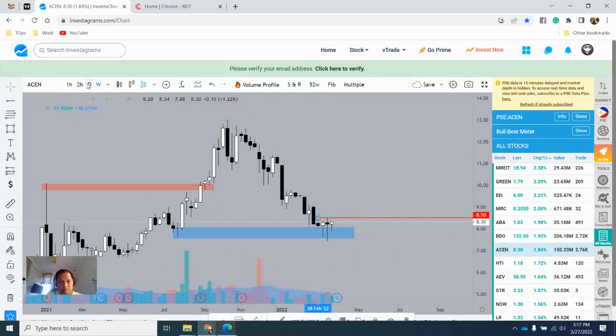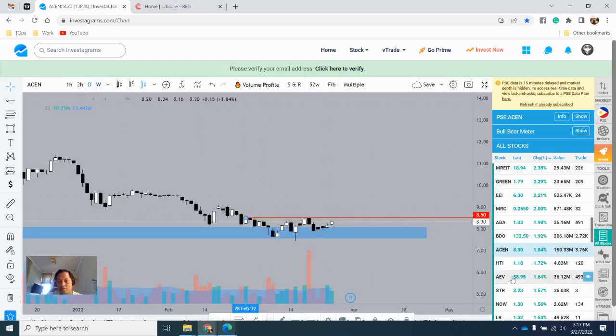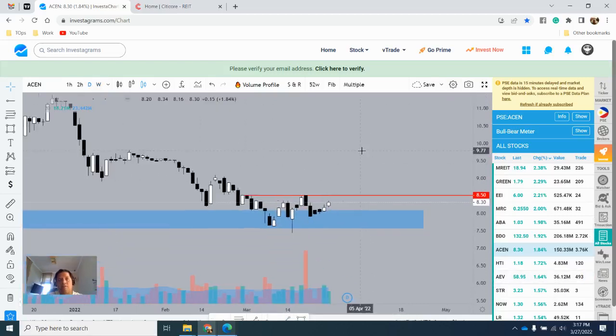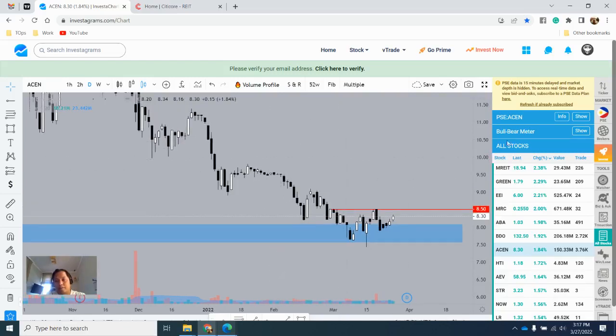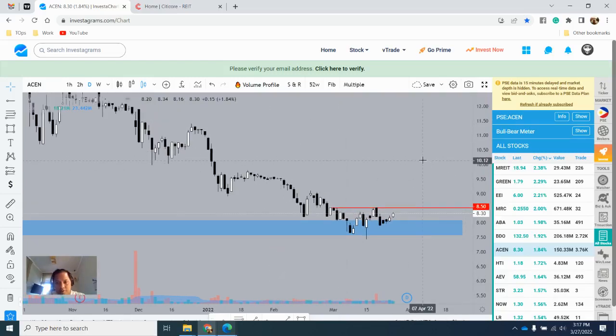So let's move to the daily. The daily is also showing a double bottom. Right now, I am actually the financial advisor for my sister's stock holdings in the Philippines, and this is one of the stocks that I have recommended.